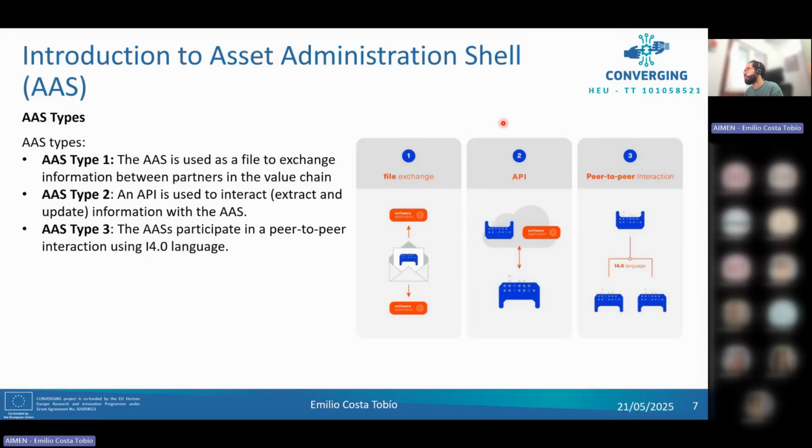And to use this type 2, we would need to configure an API to interact with the AAS. And finally, we would have the type 3, which is a specific type that deals with the interaction between an asset administration shell and another AAS. So it's a peer-to-peer interaction between AASs to negotiate between them and reach a specific end.